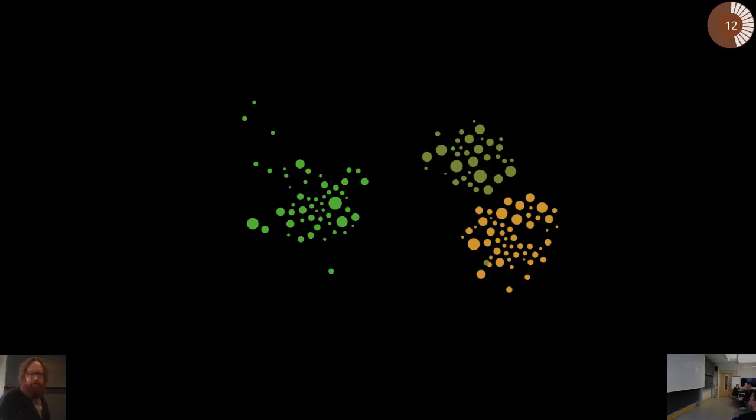But then we might filter the network, saying, for example, let's just keep the edges that are above a certain threshold, like only if you're communicating with each other more than 4 times should we draw this edge, or only if certain criteria are fulfilled, then they should be drawn.